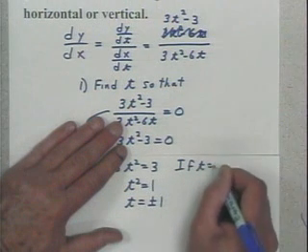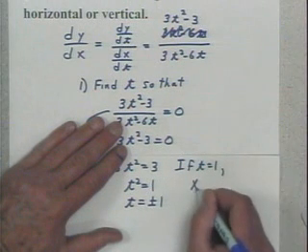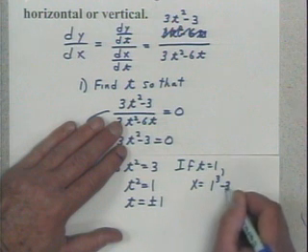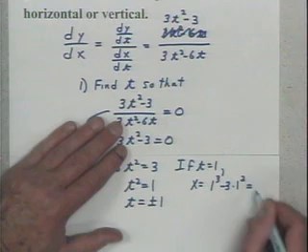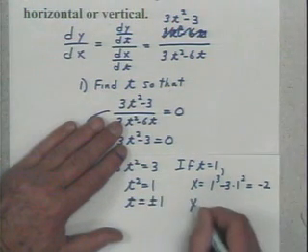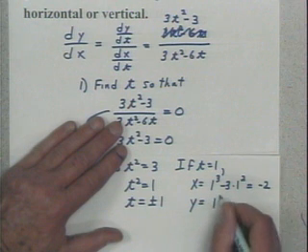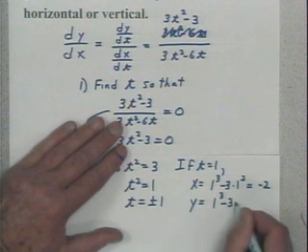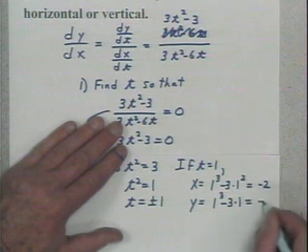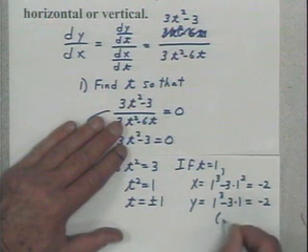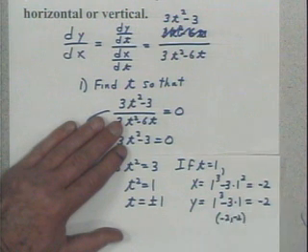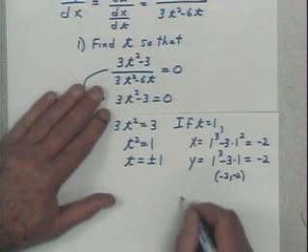If t equals 1, what does x become? 1 cubed minus 3 times 1 squared, which happens to be minus 2. Y is going to be 1 cubed minus 3 times 1. What's that? Well, that's minus 2 as well. So what's one point where you ought to have a horizontal tangent? Minus 2, minus 2. Okay.